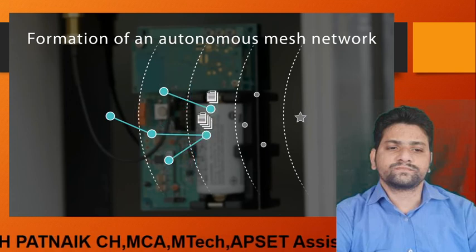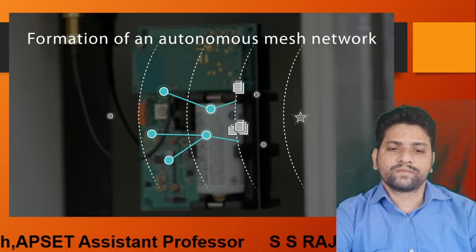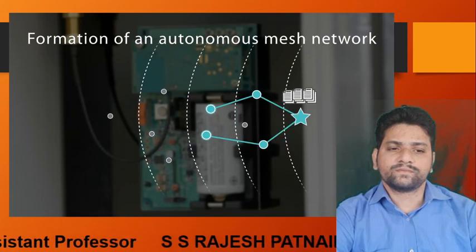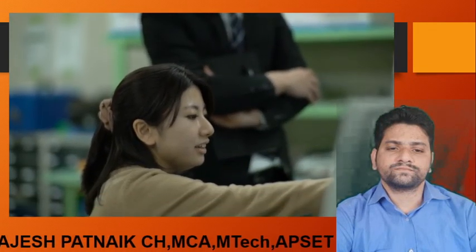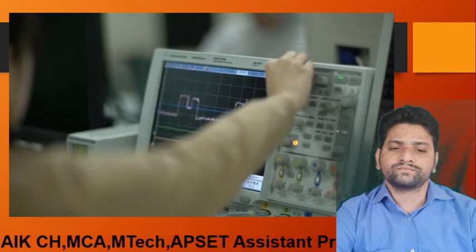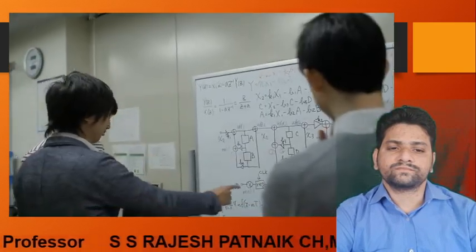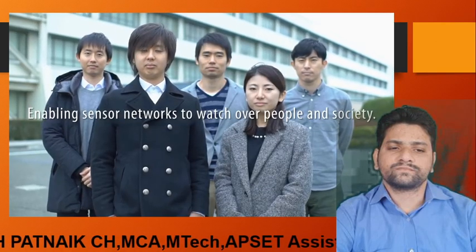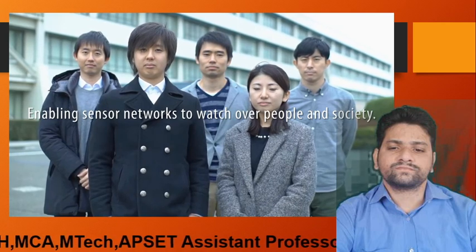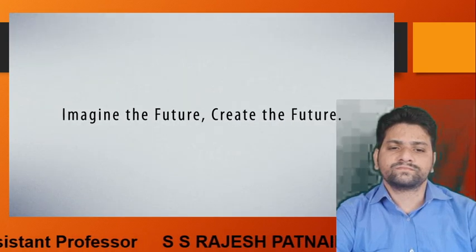By adapting to various conditions, the wireless sensor network gathers sensor data reliably across a wide area in a bucket relay format. The network also minimizes standby power based on communication conditions, so that wireless communication can be maintained for long periods using batteries alone. Enabling sensor networks to watch over people and society. Imagine the future. Create the future.